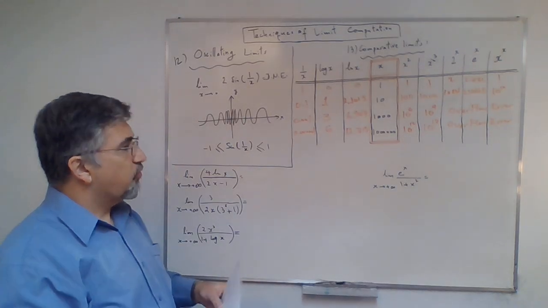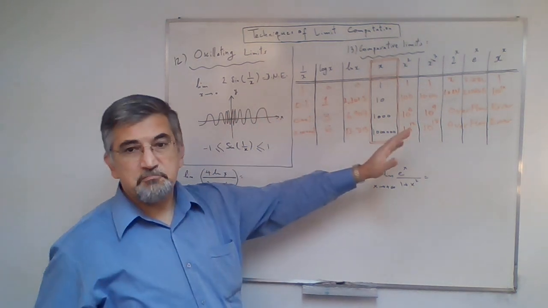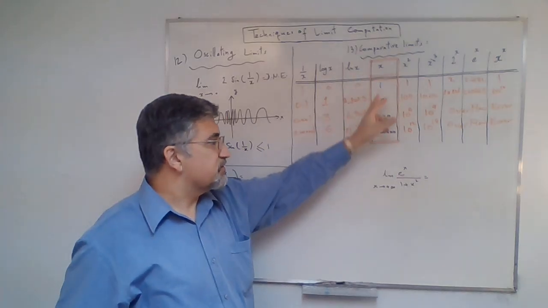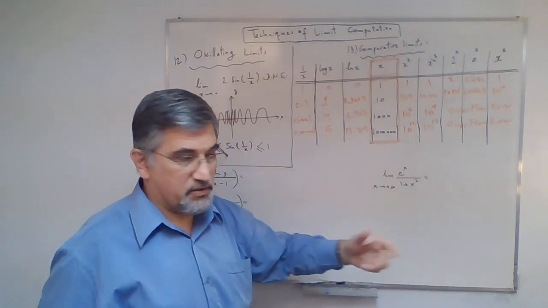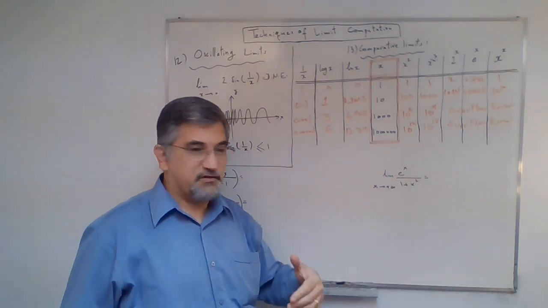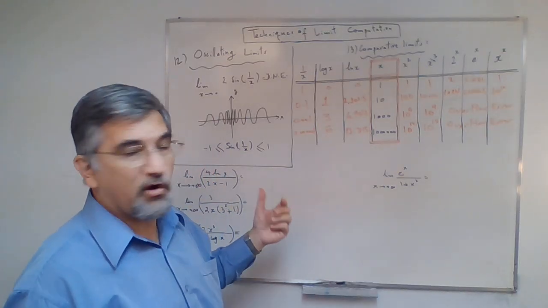So why did we construct this chart? I'll tell you why. Because we wanted to compare the behavior of these different functions when x becomes very, very large. Of course, 1,000,000 is large, but it's not that large. You know, we have billions of billions, and when you talk about infinity, that's unimaginably large.